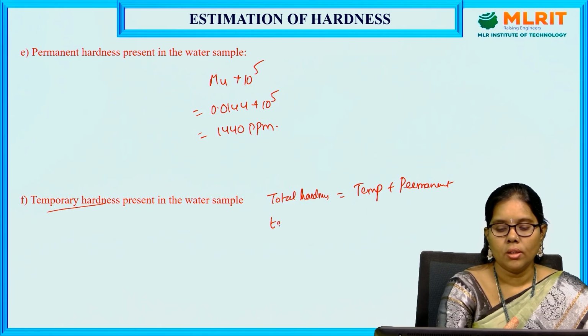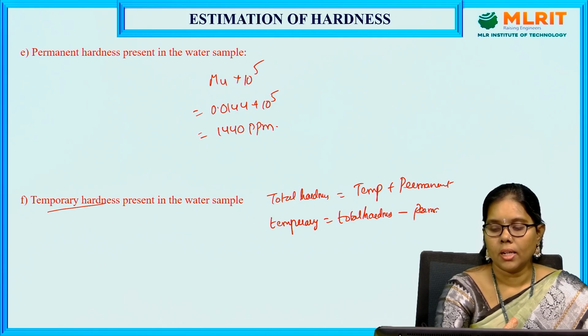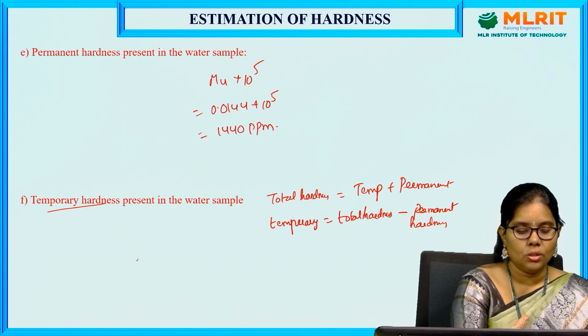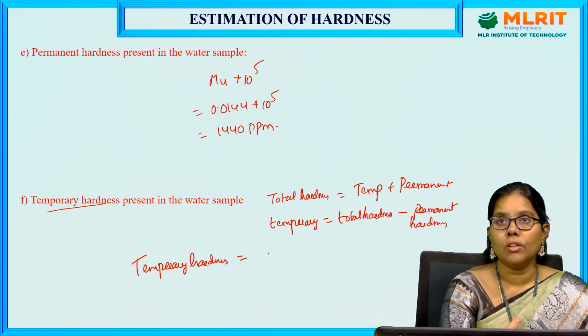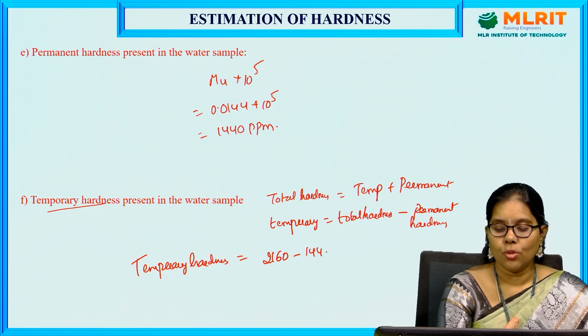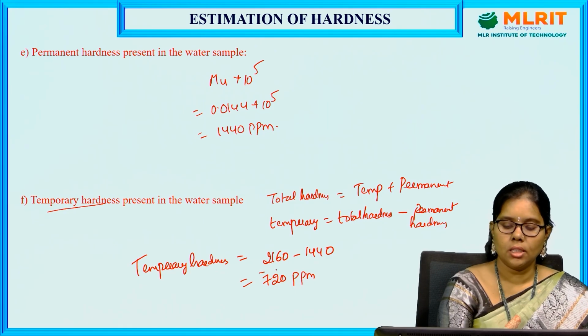So therefore, temporary hardness is equal to total hardness minus permanent hardness. Total we got 2160, minus permanent we got 1440, which is 720 ppm. This is the temporary hardness.